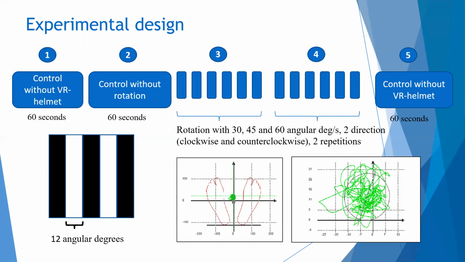Stabilometry recordings were carried out outside the virtual environment before and after the experiment for 60 seconds with open eyes. It was a control condition, and also during virtual rotation.